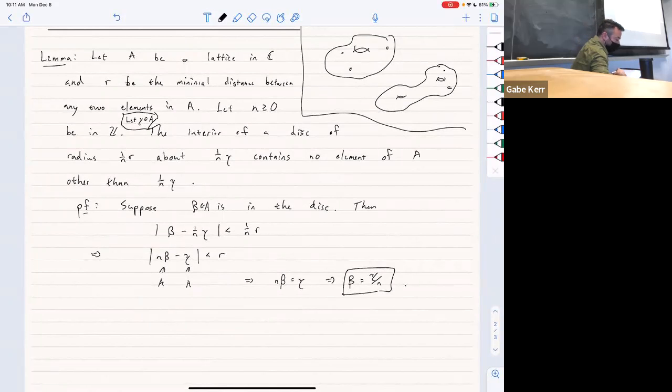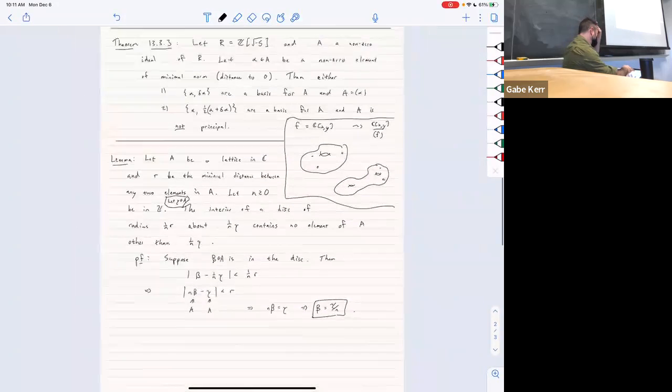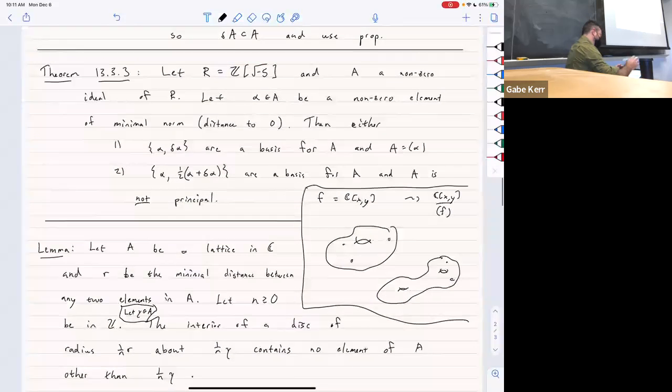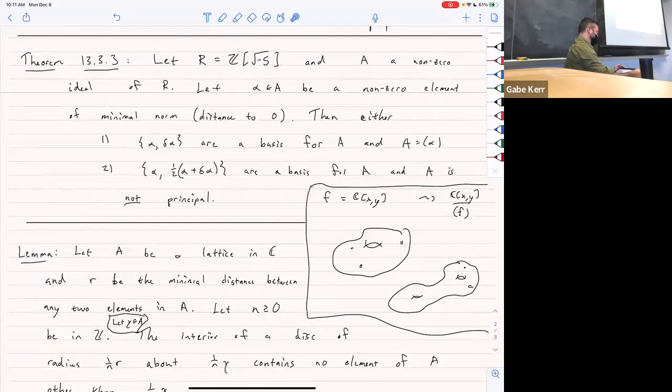All right, so now he uses this lemma to prove the theorem. So let's take a look. How do you prove the theorem? You're starting with this alpha, and you ask, what could A be? I've got an element that's the smallest norm.